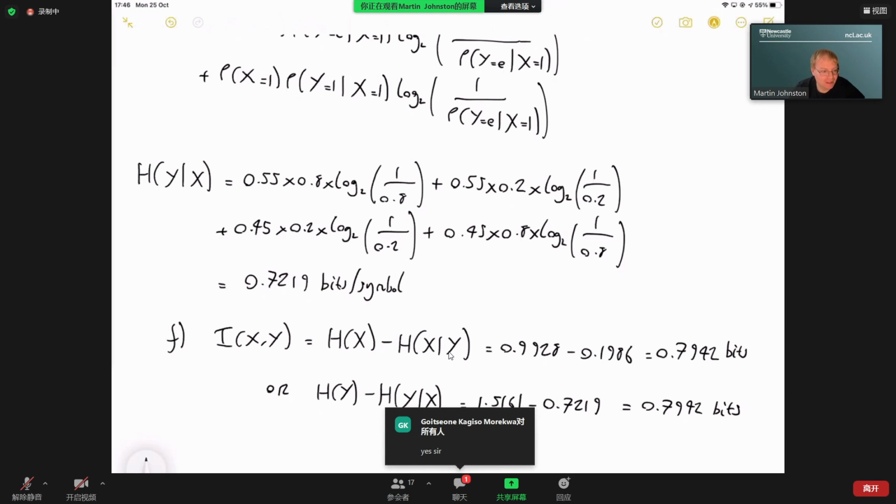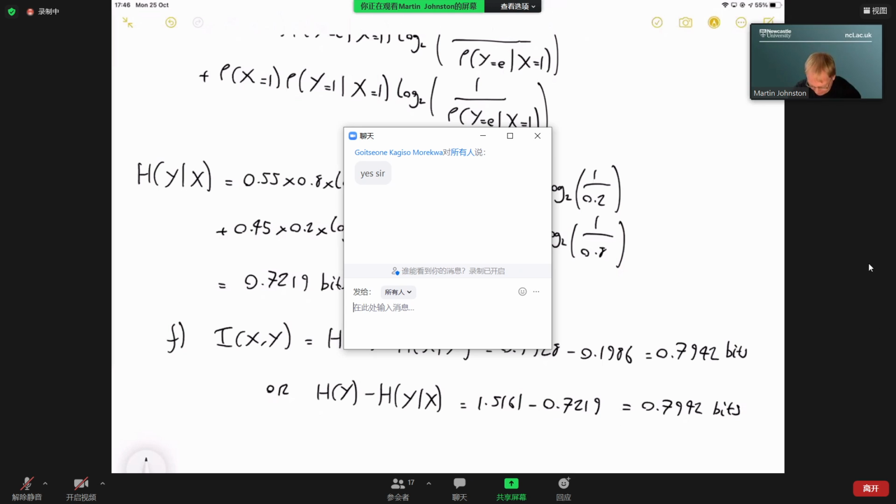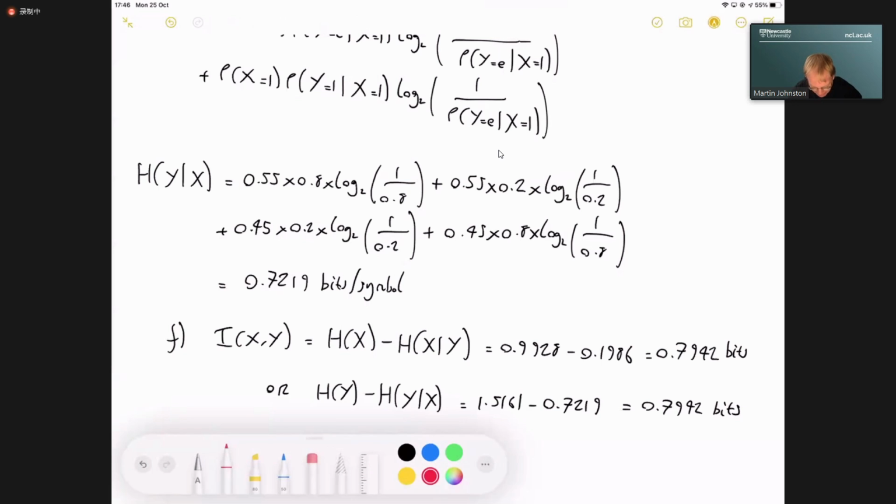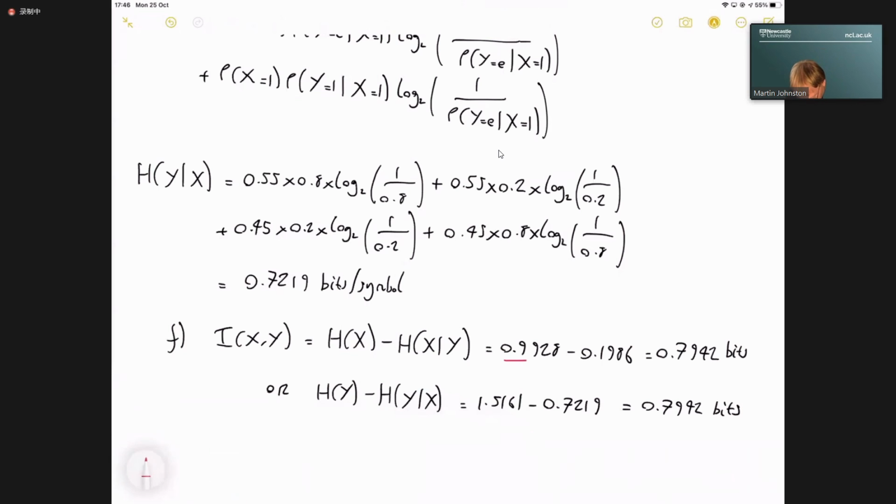That's nice. So first of all, I just want to focus on X, the difference in the entropies. You can see that at the start, the information of the source was very high, nearly the maximum value, 0.9928 bits, so nearly 1 bit. And then the information of the source after it's observed reduces significantly to 0.1986.